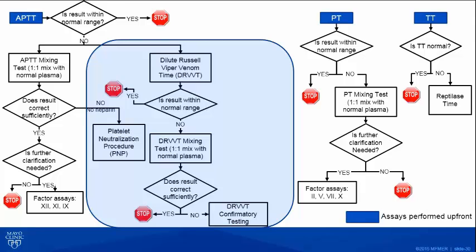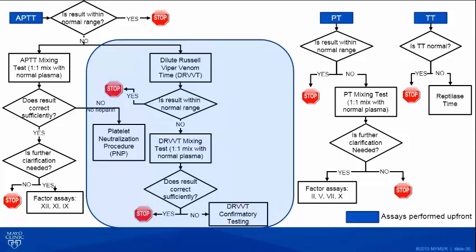So our special coagulation lab is a reference lab, so we do offer a bleeding diathesis panel where we perform a battery of screening tests up front, and then reflexively add additional testing according to what we find from the screening assays in an algorithmic approach.